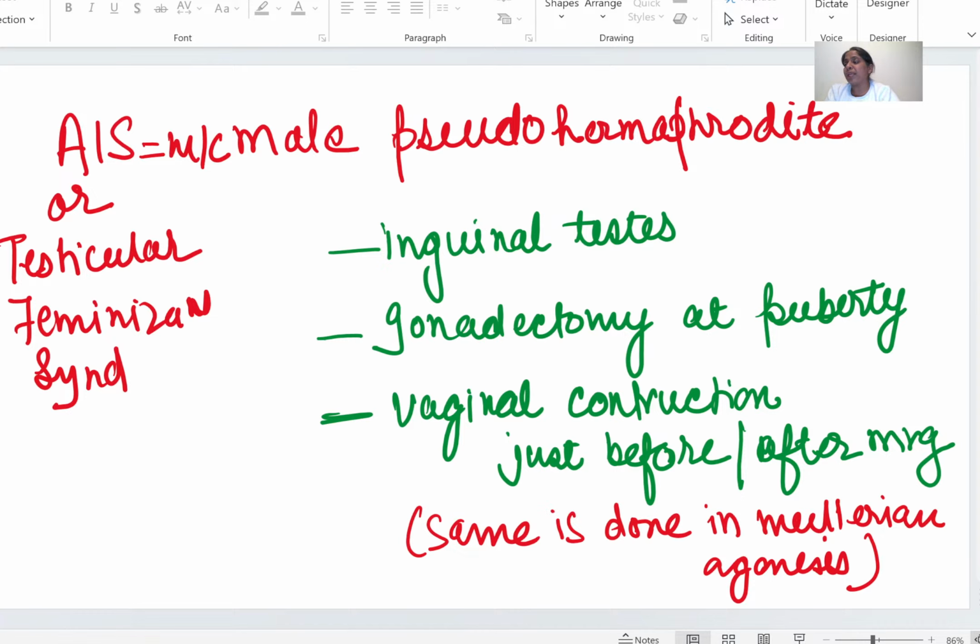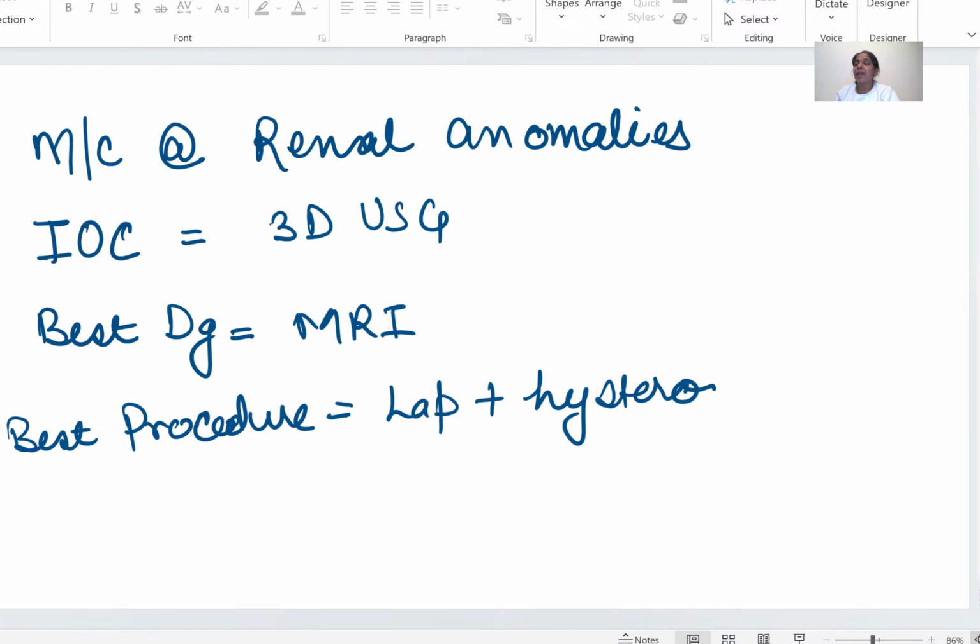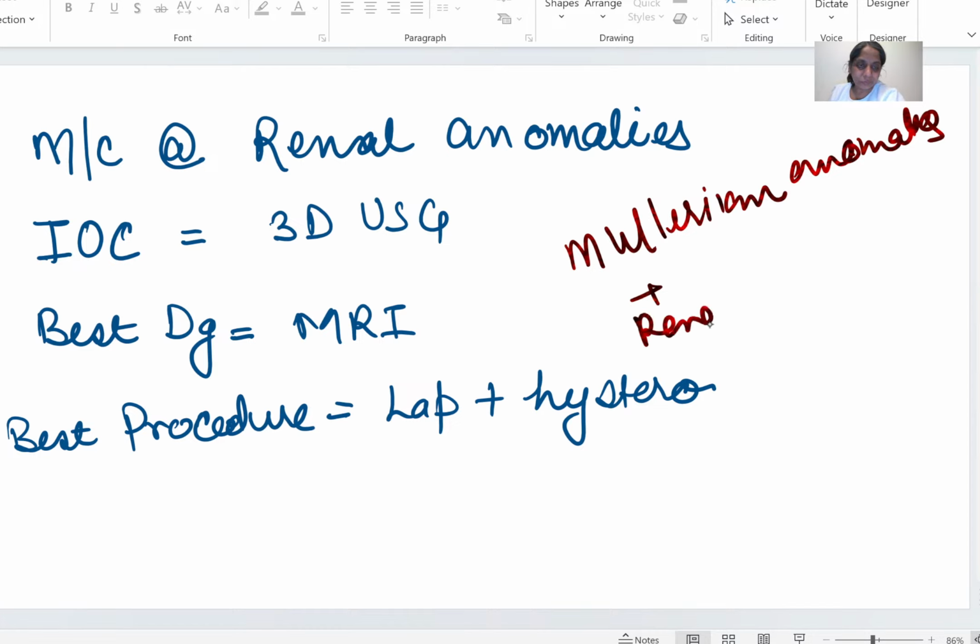So in a patient with Mullerian anomalies, it is but obvious that renal anomalies are present too.